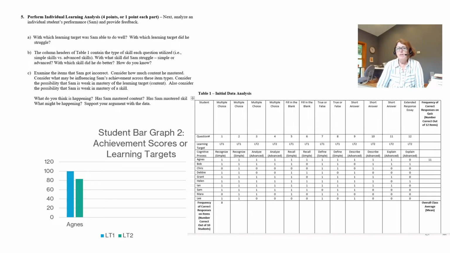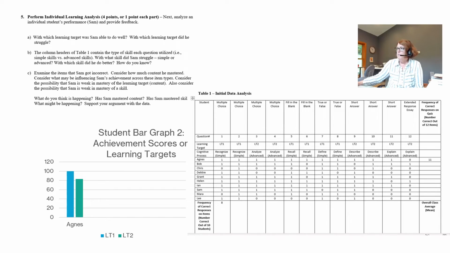And so if you look at the row in the data table that says cognitive process, you can see going across that each question is aligned with whether it's simple or advanced. So question 1 was a multiple choice. We know it's question 1 because it says question number 1. It was aligned with learning target 1, and it was a simple skill, just asking students to recognize something.